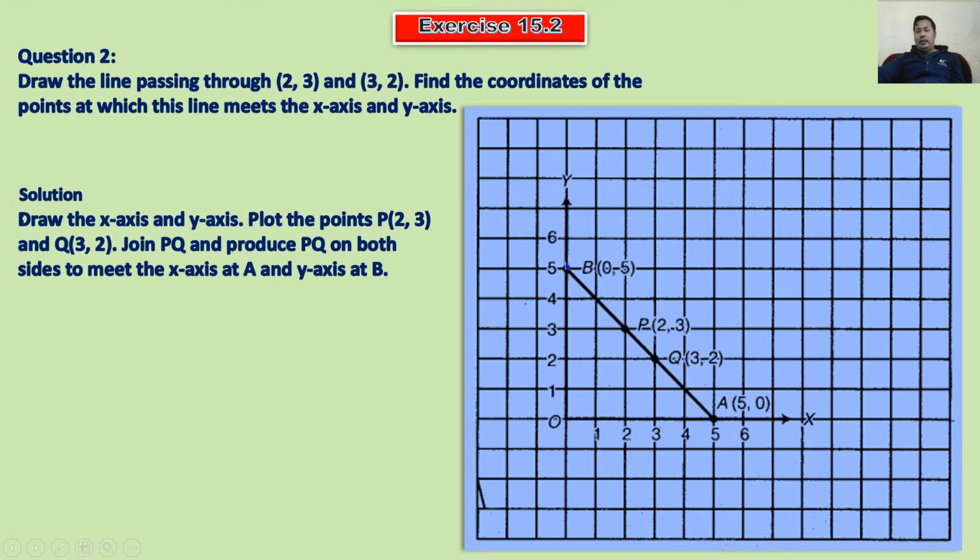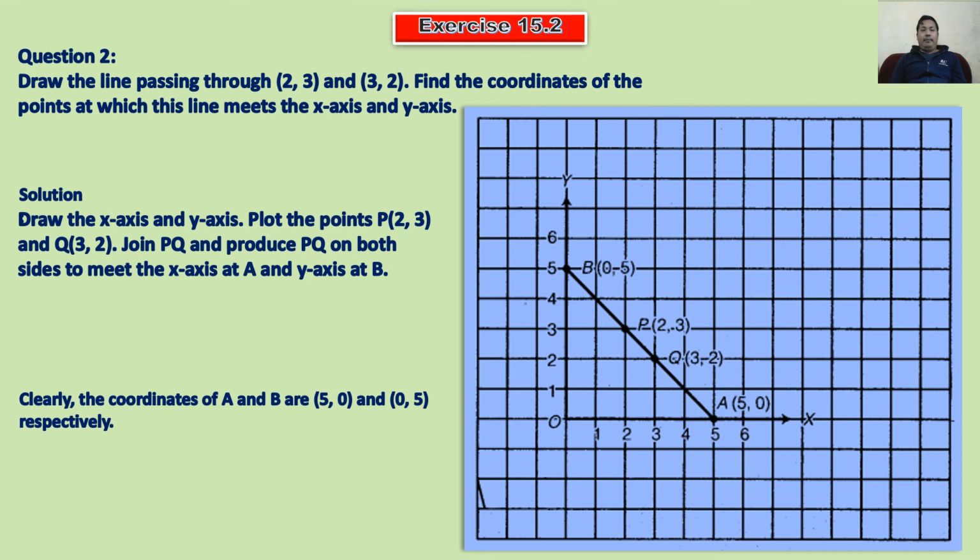So B, you can see that the value of y is 5, but the value of x is 0 here, isn't it? So finally we get the coordinates of A and B as (5, 0) and (0, 5) respectively.